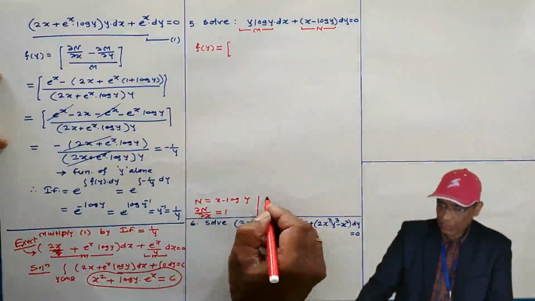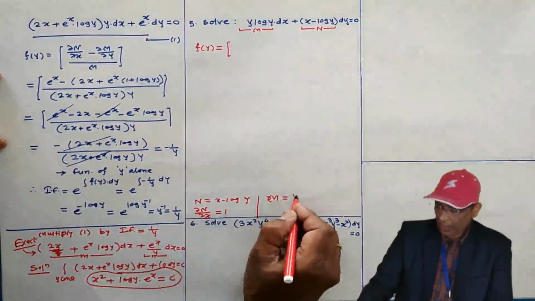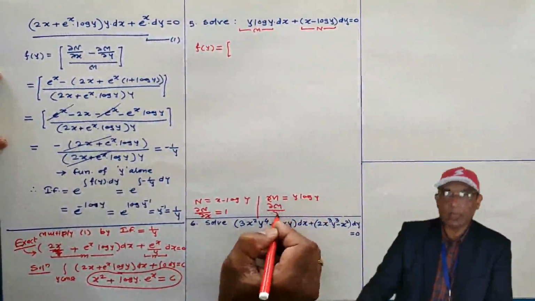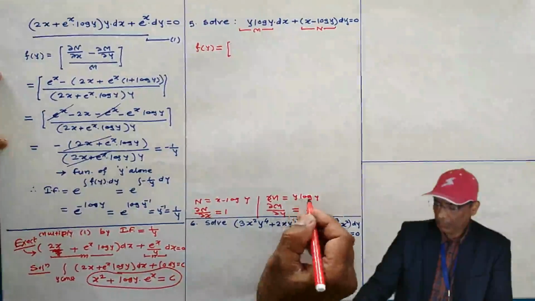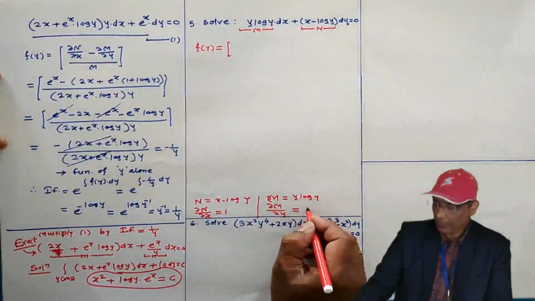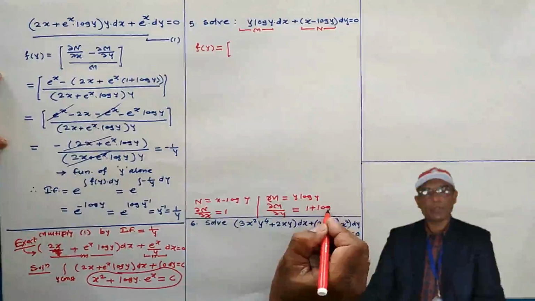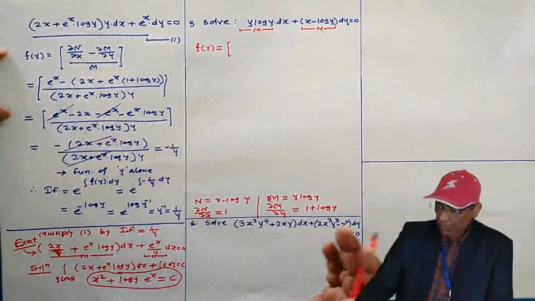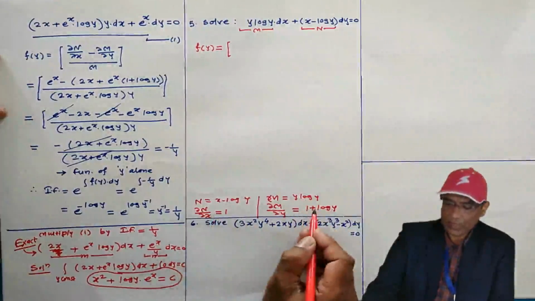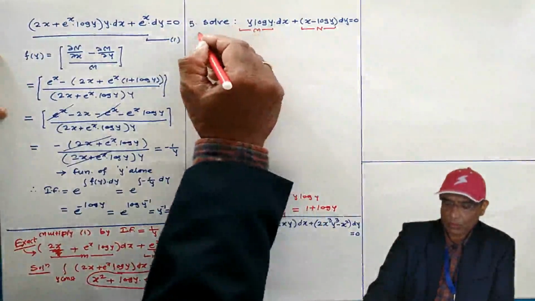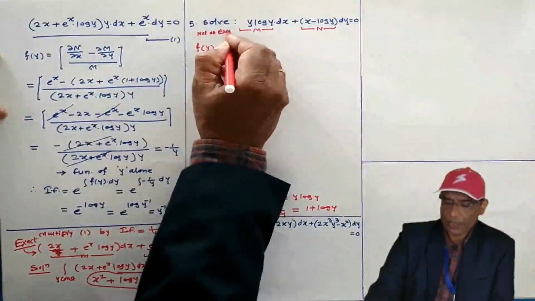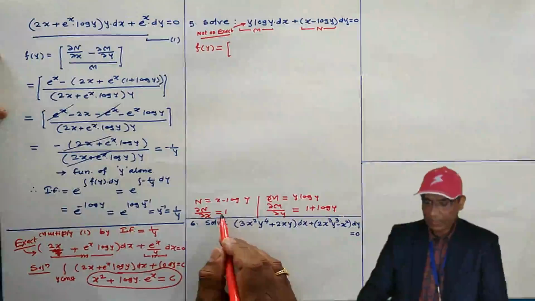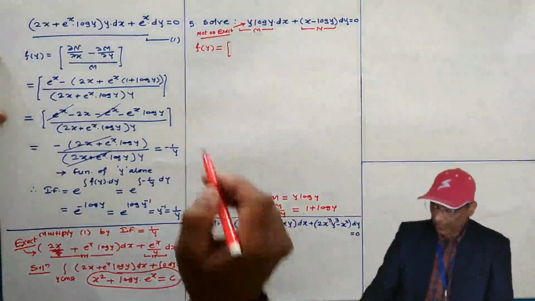M is y log y, and for the derivative of m with respect to y, use the product rule, as we have done earlier. The derivative of y log y is 1 plus log y, and you can write it down directly in the examination. But these two are not the same, therefore this is not an exact equation, because del n by del y and del n by del x are not the same.